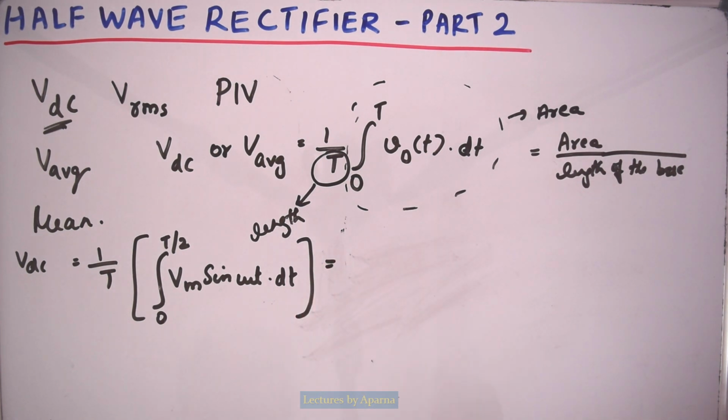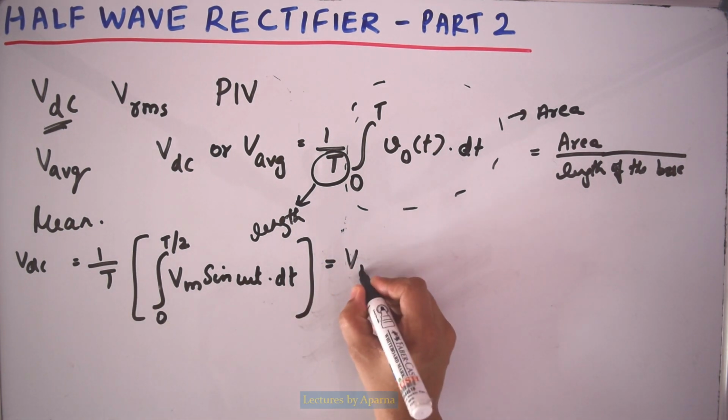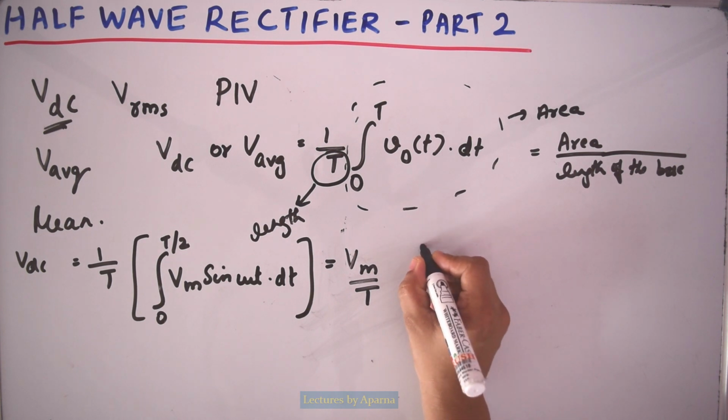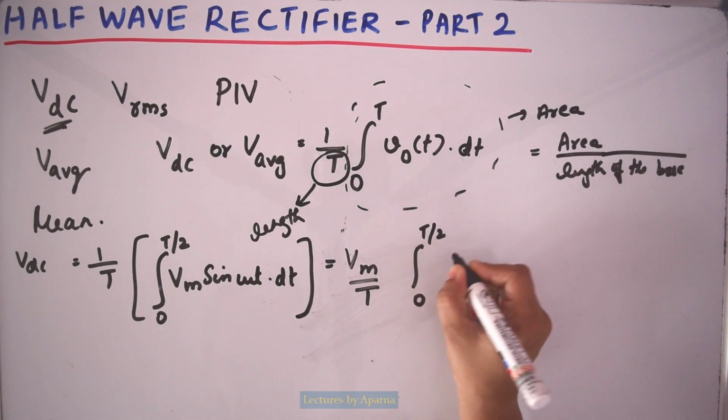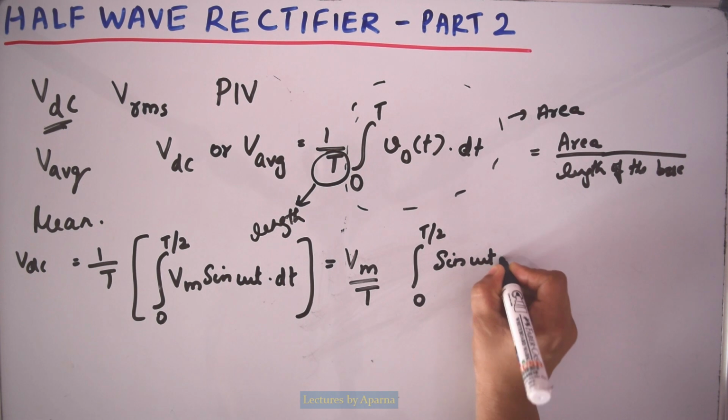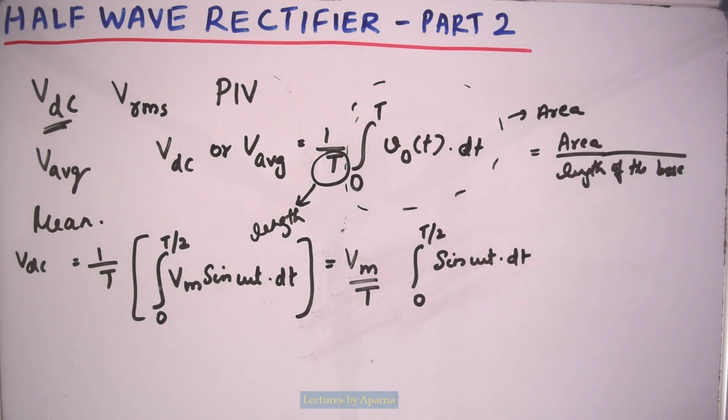Taking Vm outside, Vm by T integral 0 to T by 2 sin omega t into dt.